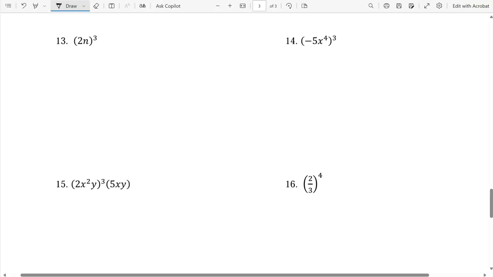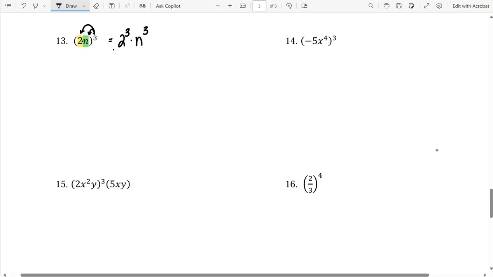So looking at number 13, remember that my bases can be split up by type. So 2 would be considered a separate base from the n. But both of them are getting cubed. So what I can do is I can send this exponent in across that multiplication sign, giving me 2 cubed times n cubed.